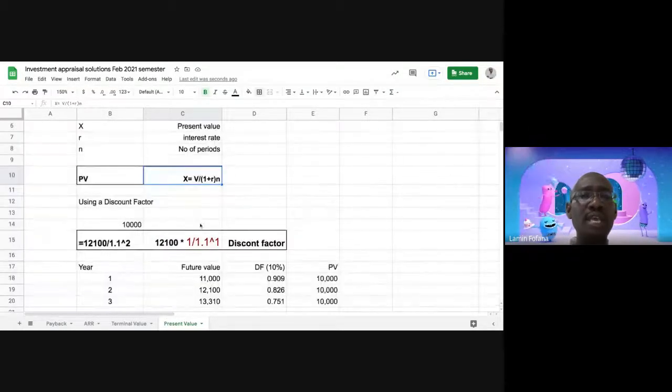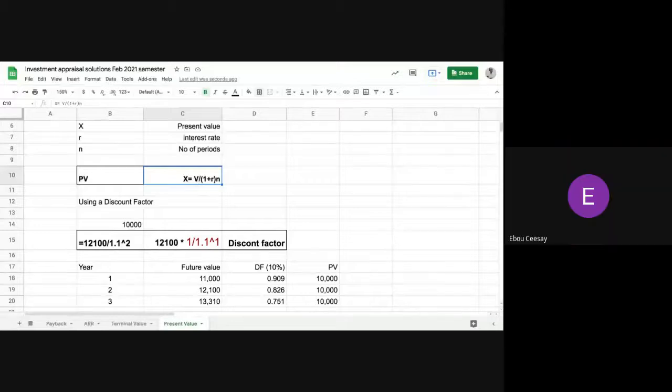But instead of using this all the time, we were able to derive a formula whereby we only need to take our future value and multiply by our discount factor. This is why I derived this formula from this formula.